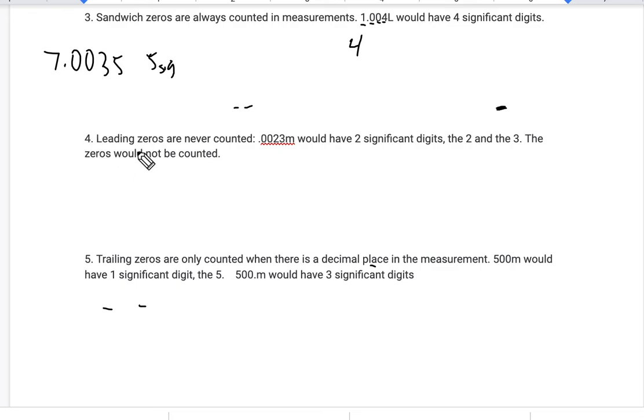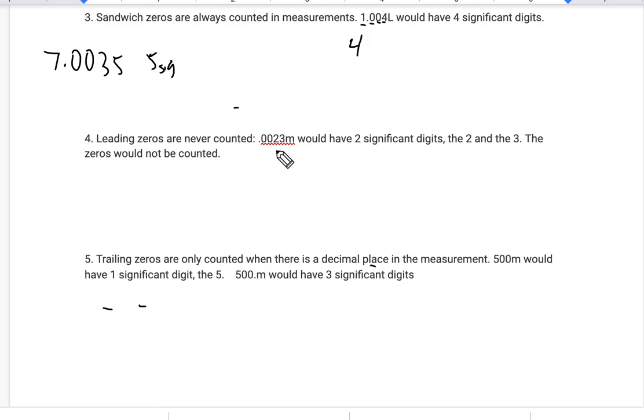Okay, now leading zeros are never counted. The leading zeros are those that lead off the measurement. They're never counted, and you can see that they're called leading zeros because there's no non-zero to the left of them.